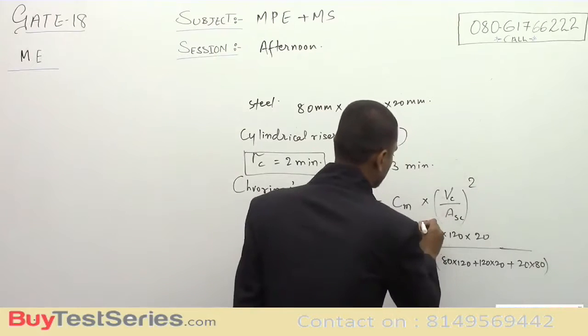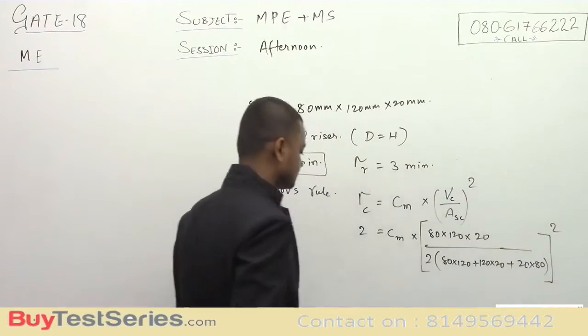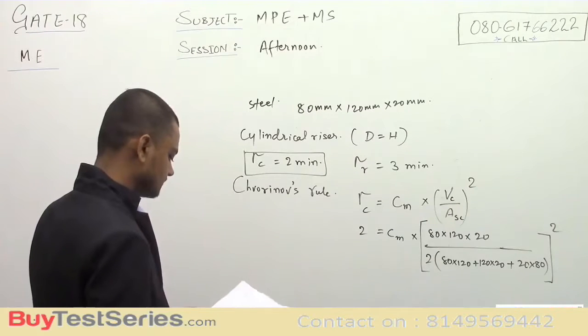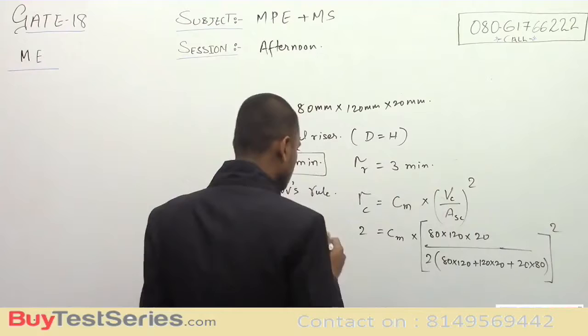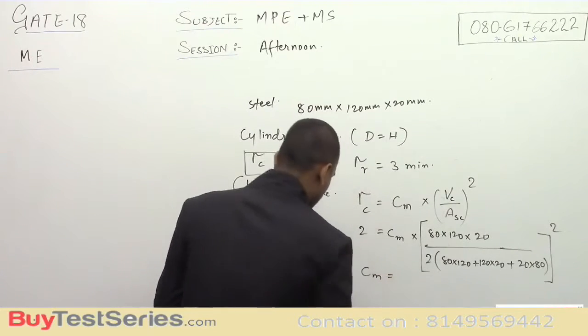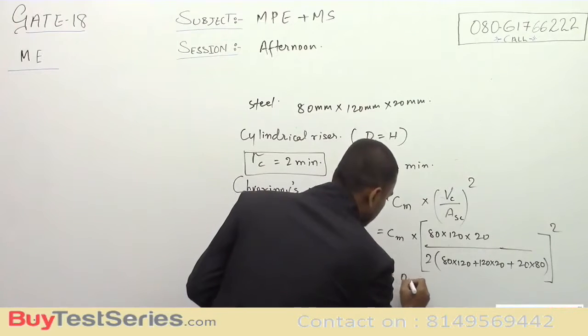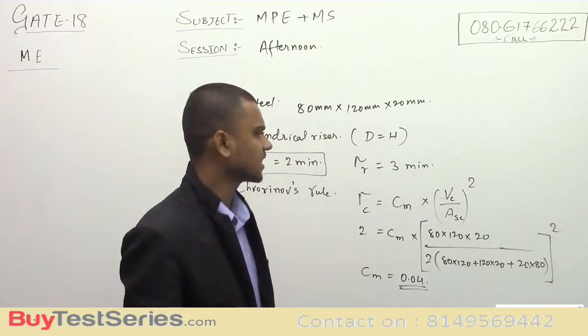So this will be your volume upon surface area of the casting. Now if you solve this, you will get the mold constant equal to 0.04. So this is the value of the mold constant.